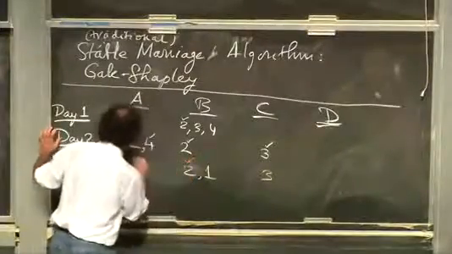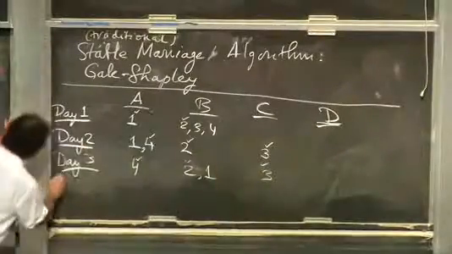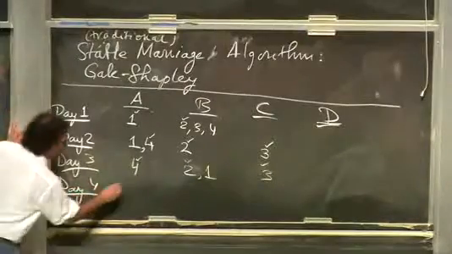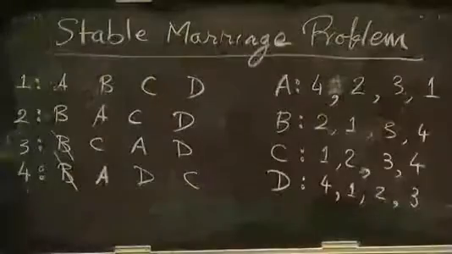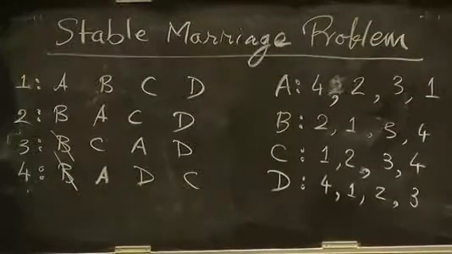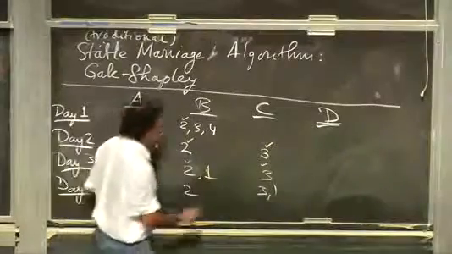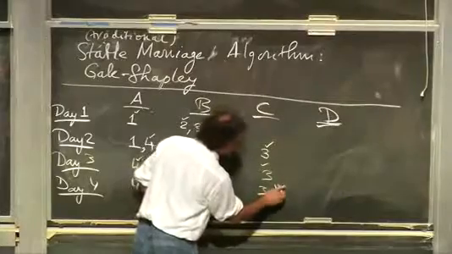So day 4. Everybody else is where they were. 1 now goes to C. That looks good, doesn't it? So C says, maybe. To 3, she says, go away.